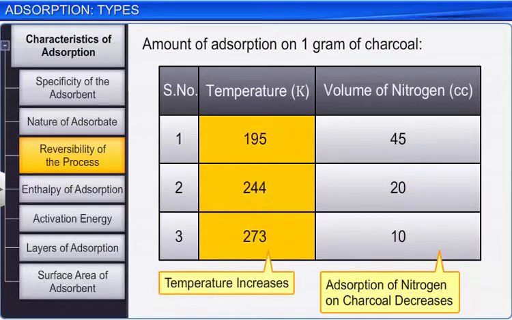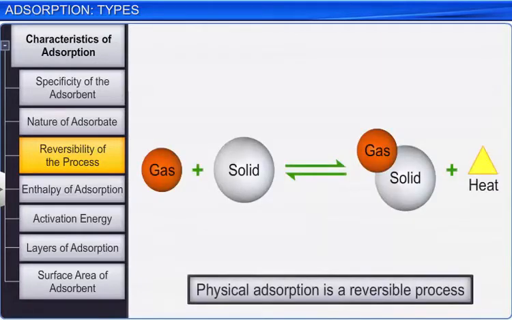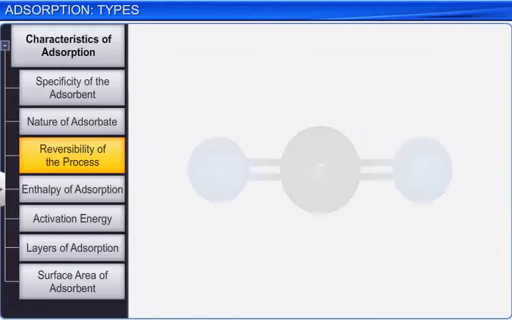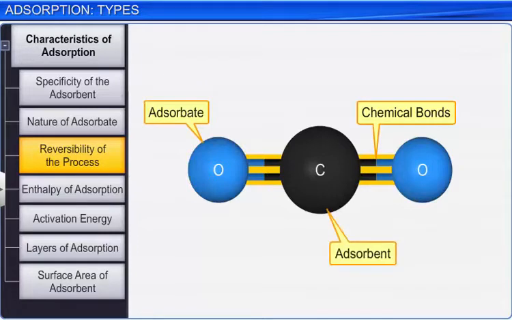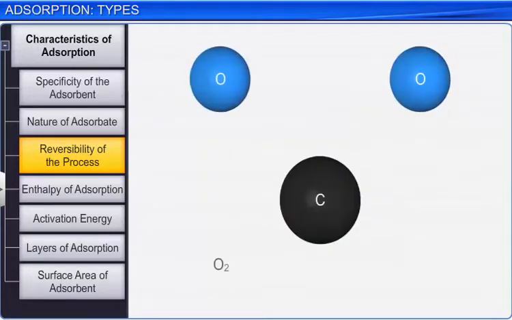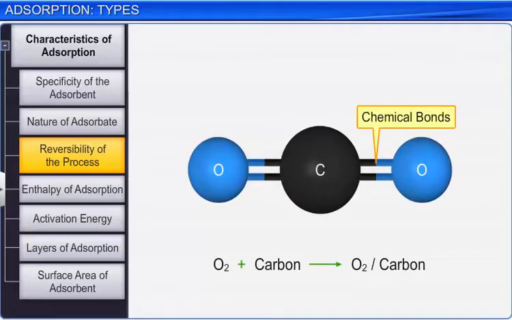Thus, we can say that physical adsorption is a reversible process due to the presence of weak van der Waals forces of attraction. However, during chemical adsorption, chemical bonds are formed between the adsorbate and the adsorbent molecules. For example, when oxygen is chemically adsorbed on carbon. To reverse this process, there is a need to free the adsorbed gas.